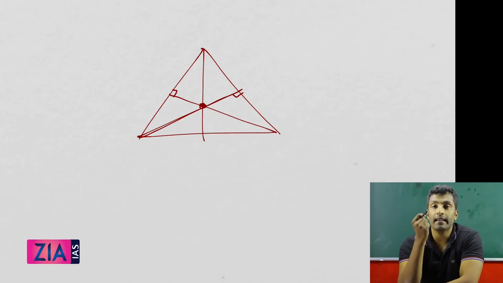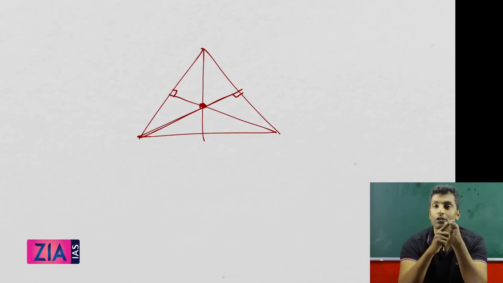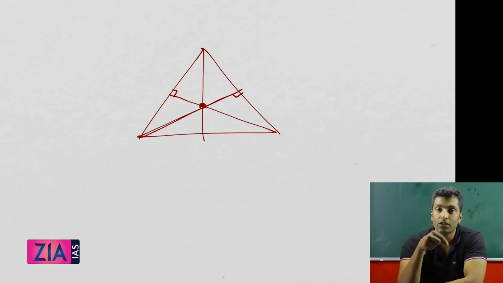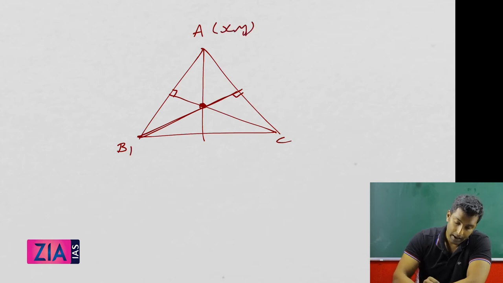Now we have seen in the case of the centroid, the median divides the opposite side in a certain ratio. In the case of the incenter also, we have seen the internal angle bisector divides the opposite side in some ratio. Here also we need to see the altitude. Let me mark the triangle as A, B, C. A is x1, y1, B is x2, y2, and C is x3, y3.